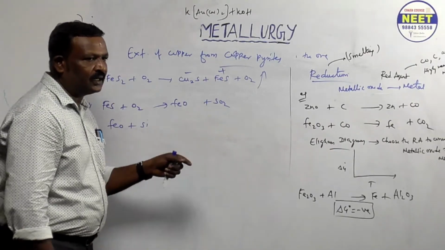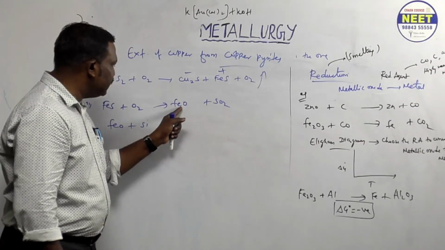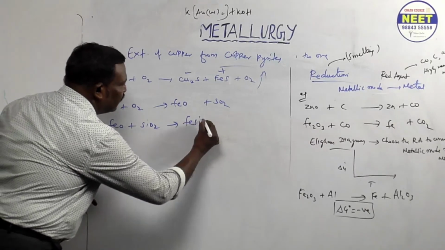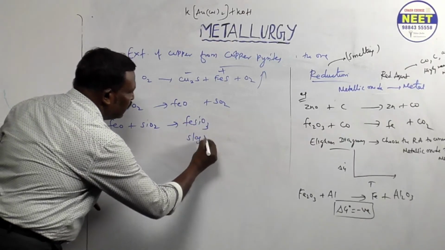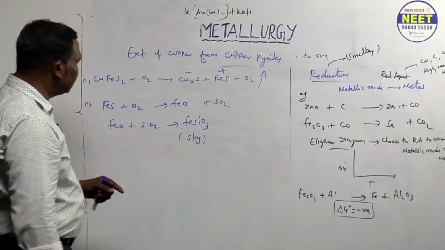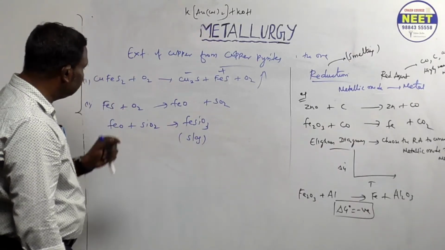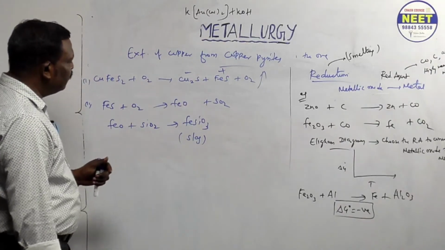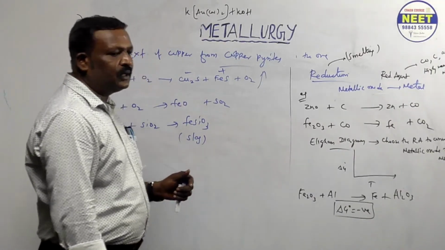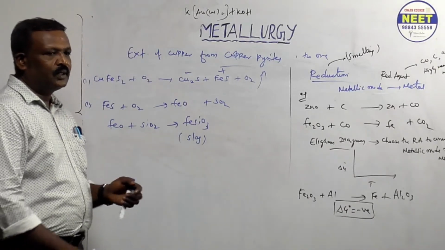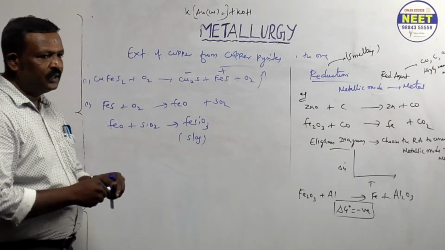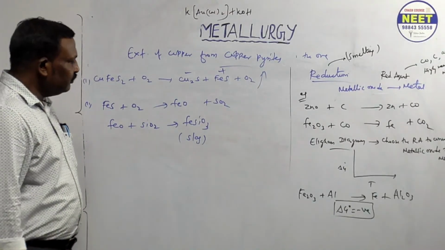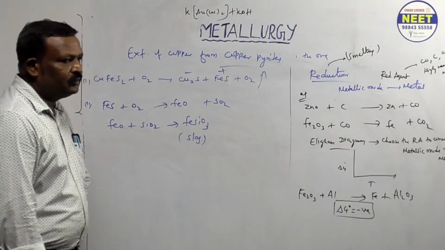Then whenever you see FeO, what happens if you put SiO2? It becomes slag. Do you remember? It settles down. Understood? So one equation is given now. What is slag? Tell me. Slag consists of gangue plus flux, correct or not?